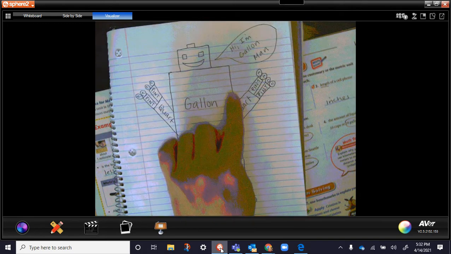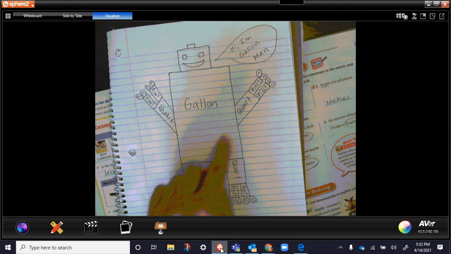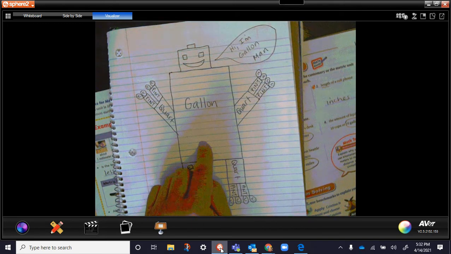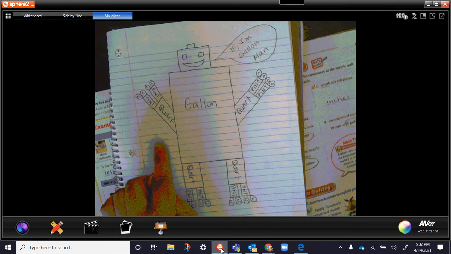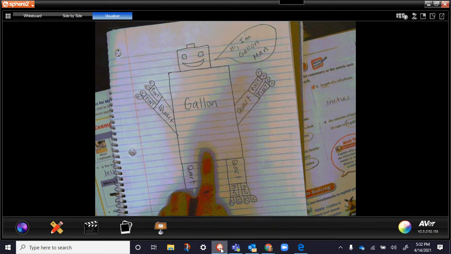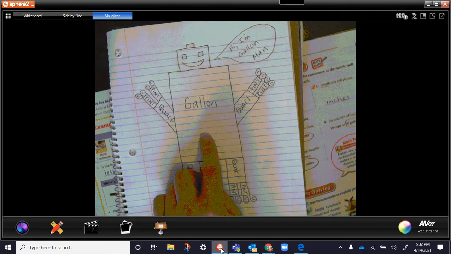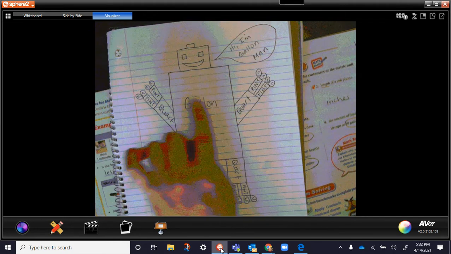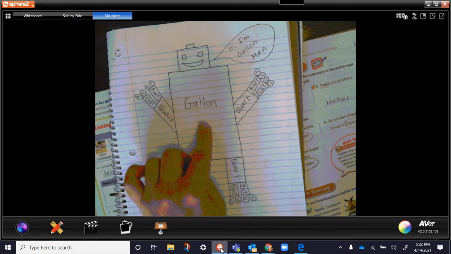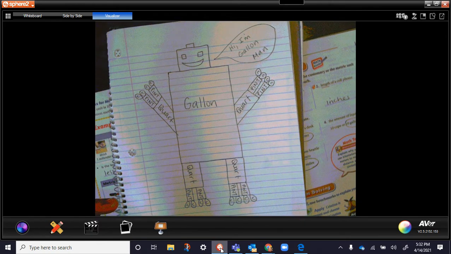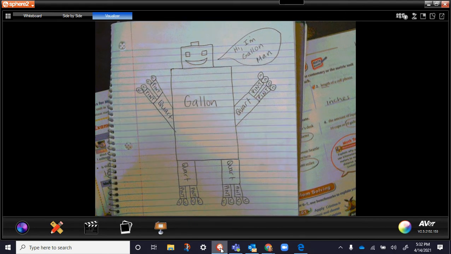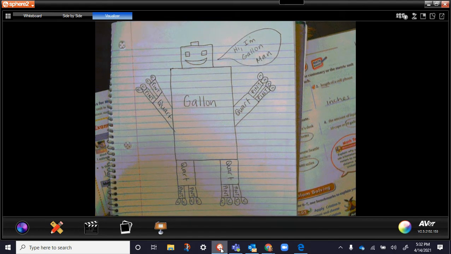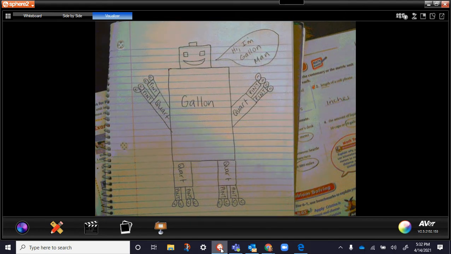Here, this gallon is the majority of my little guy, so he's the biggest unit. 4 quarts is equal to 1 gallon. 2 pints is equal to 1 quart, or 2, 4, 6, 8 pints is equal to 1 gallon. You can use this to help you do those conversions, so go ahead and add him to your notebook because that could be a helpful tool.